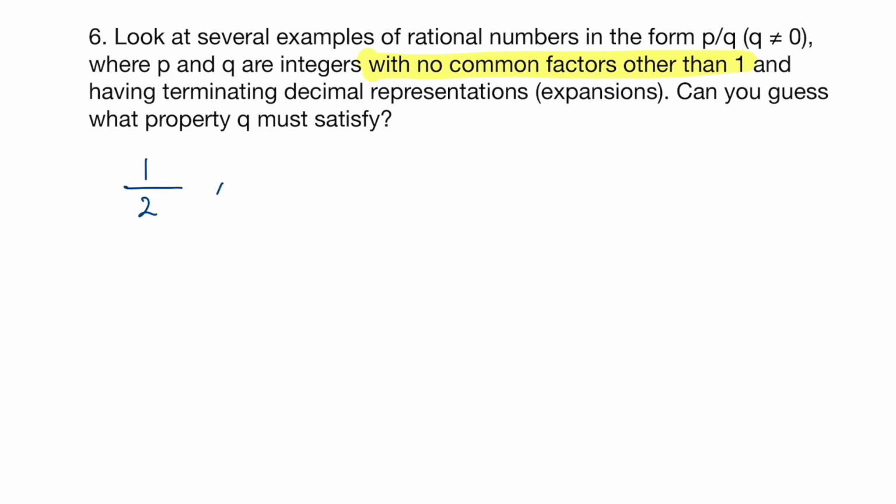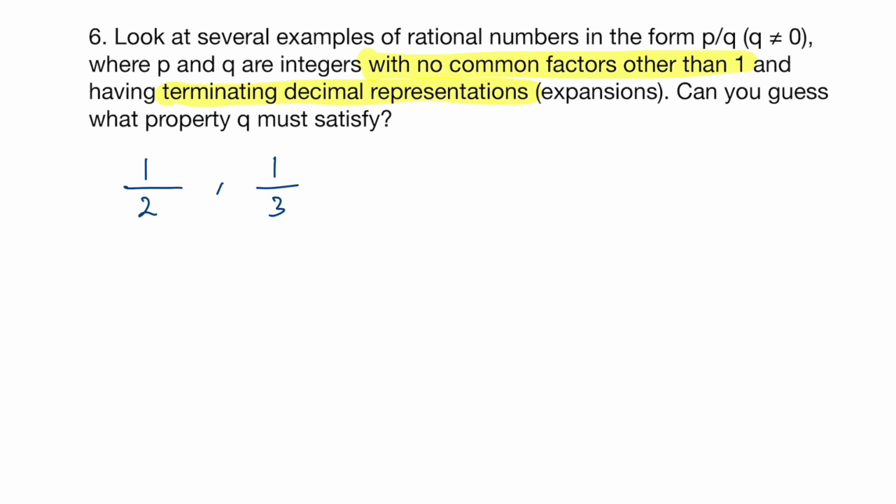Another number that you could think of is 1 by 3. It's a rational number of course because p and q are integers and q is not equal to 0, but it is not having a terminating decimal representation.